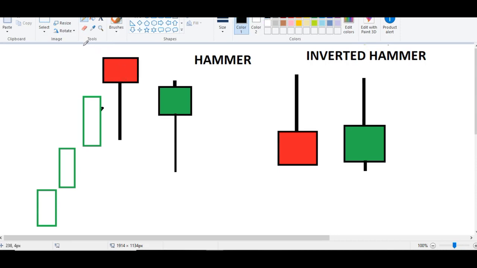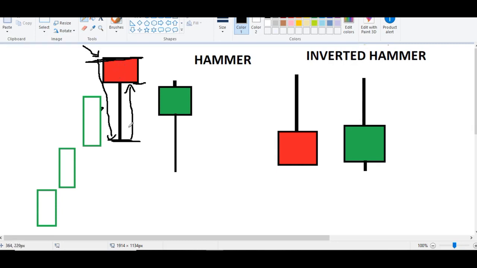Because if you see here, let's say price opens here, right? And it starts to come down. Bears come in and they start to sell the stock, right? And so they take price lower. And now here, all of a sudden, buyers come in and say, no, we're not going to let you take price lower. And so they take price higher and they close price right here. So again, bears are selling from the top here and buyers are buying from the bottom here, right?